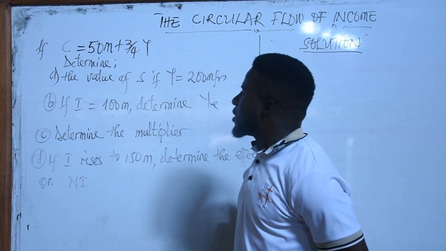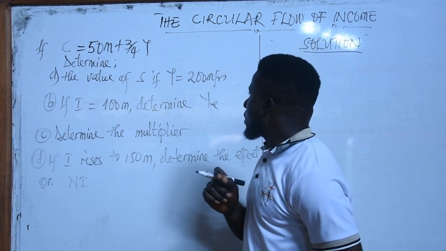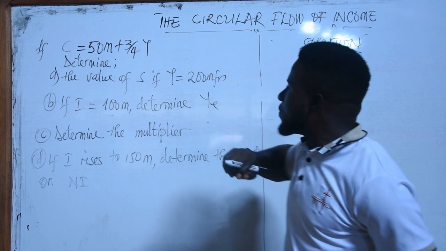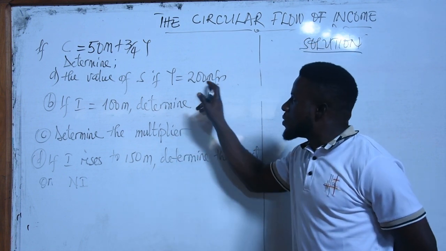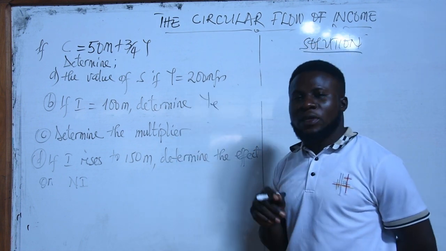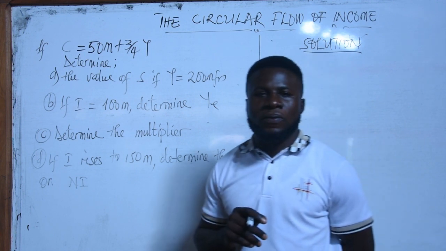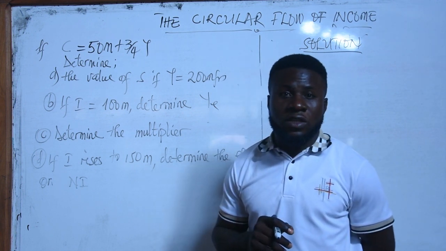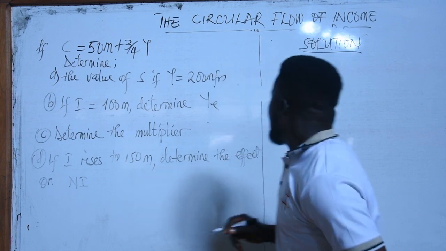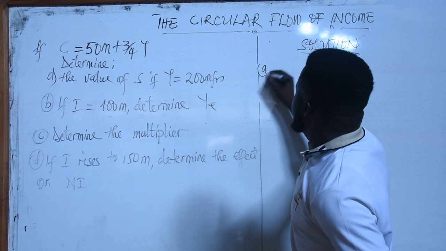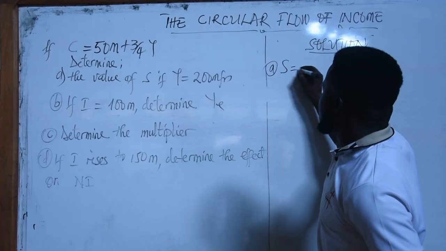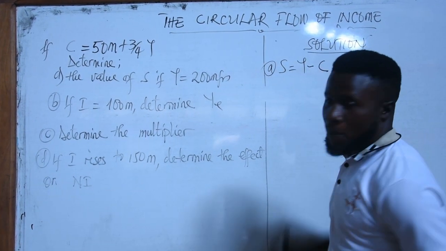So let us see what the solution looks like. A says we should determine the value of savings. If income is equal to 200 million, you cannot get the value of savings without looking for the savings function. We need to look for the savings function first. So, solution to A, S is equal to Y minus C. Why?